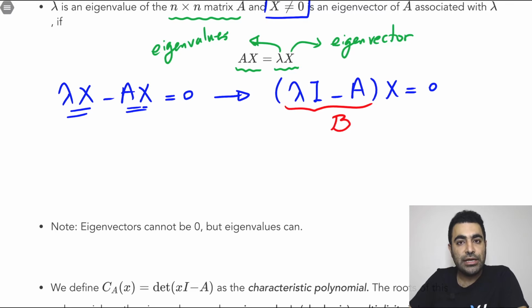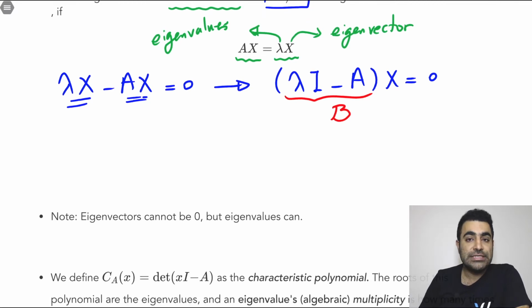This equation looks like a homogeneous system of linear equations, where matrix B is the matrix of coefficients and x is the vector of variables, and we have constants on the other side of the equation equal to 0. That's why we have a homogeneous one. Basically, if we are interested in finding those x vectors which satisfy such an equation, it's enough to solve for solutions of such a homogeneous system of equations.